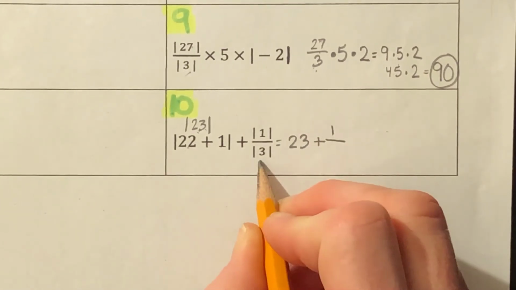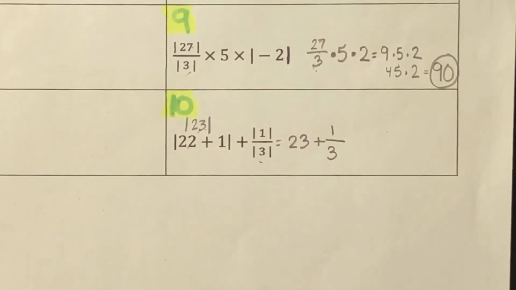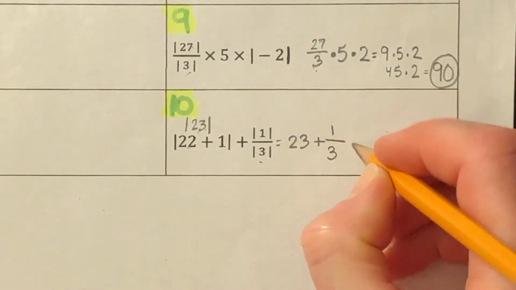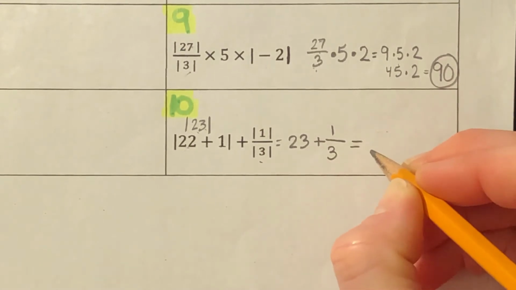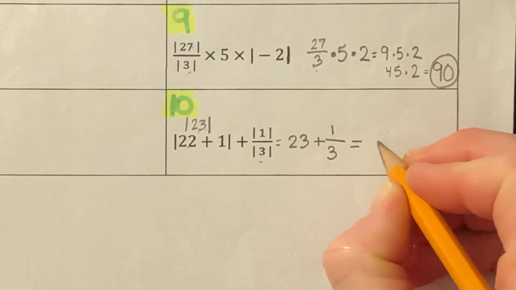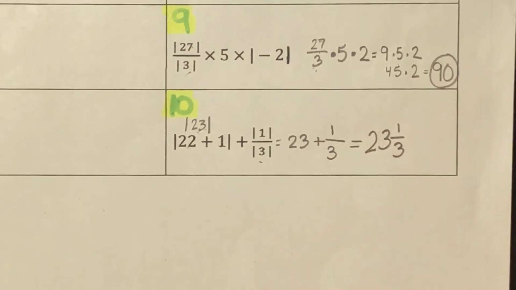The absolute value of 3 is 3. I have 23 plus 1/3. Well, that's easy. It's like I have 23 apples and someone gives me 1/3 of an apple. I then have 23 and 1/3 apples.